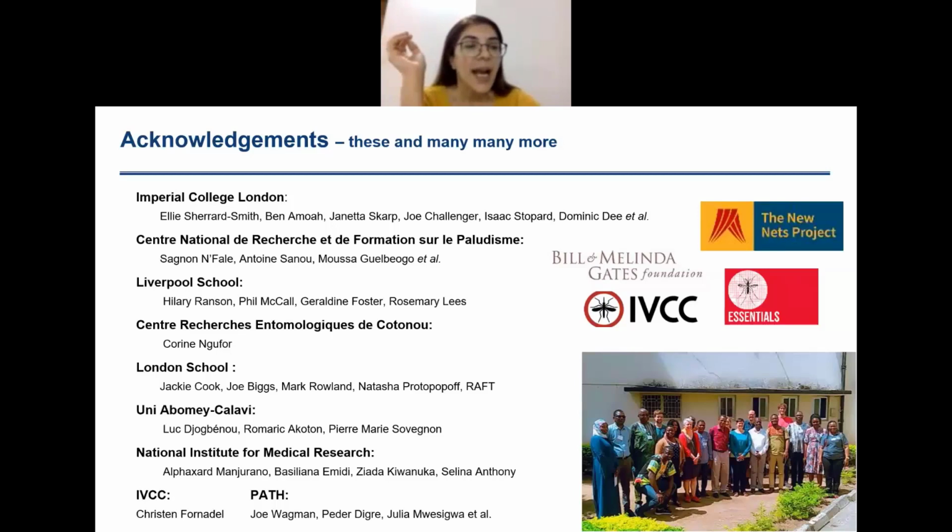I want to ask, this is a very tricky question for India. The India situation is a little different from Africa. It's very different, rather. We have done a few trials with the PBO net, a net called Veeralin, which is a PBO net, but the resistance levels are not as high as to justify the switch from a regular pyrethroid net to a PBO net.